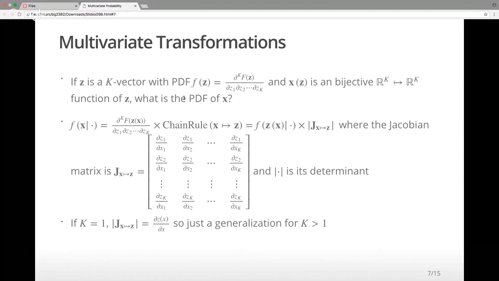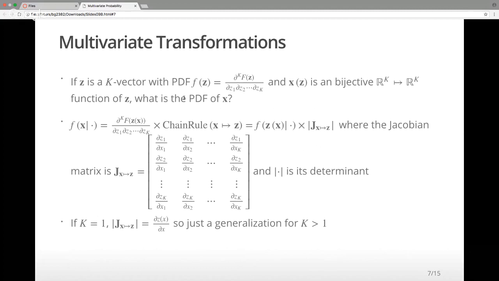The Jacobian matrix J is a k by k matrix that contains the partial derivatives of each element of Z with respect to each element of X. So Z is indexed by the rows. The first column of J is the partial derivative of Z1 with respect to X1.